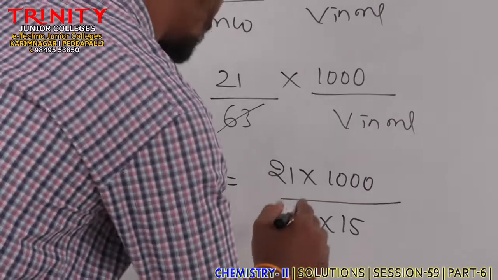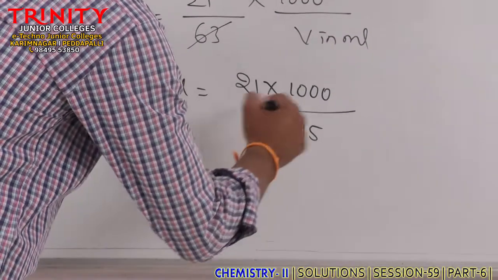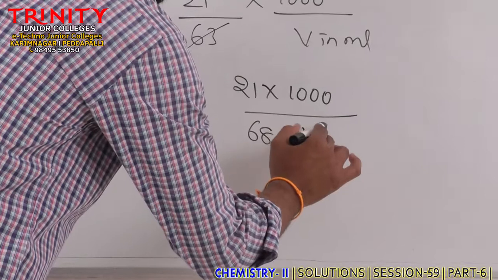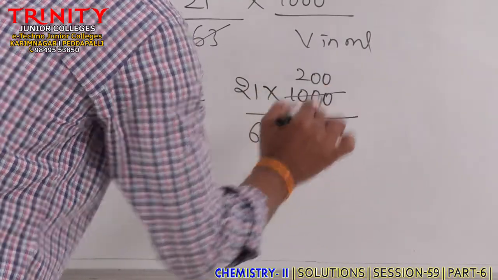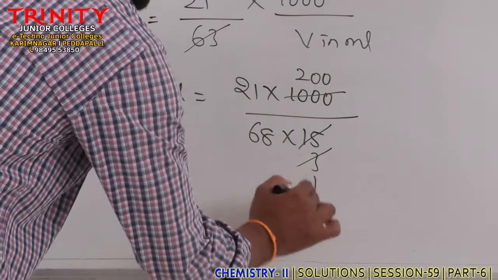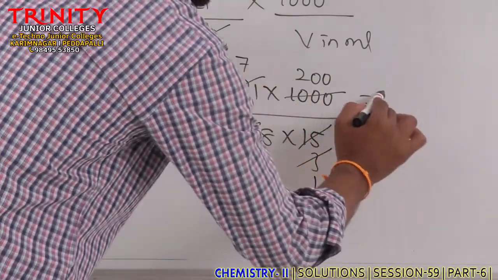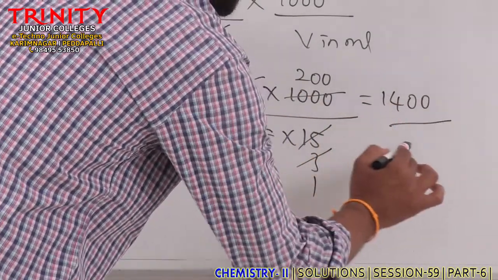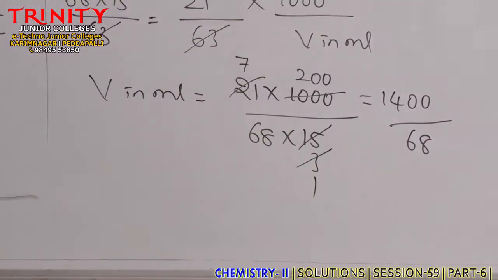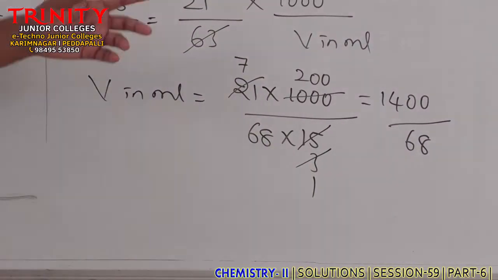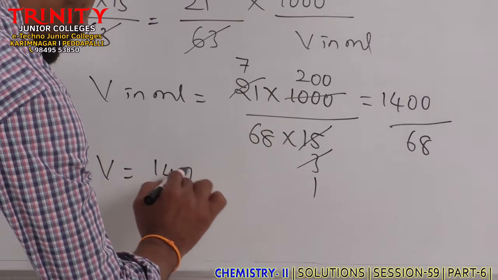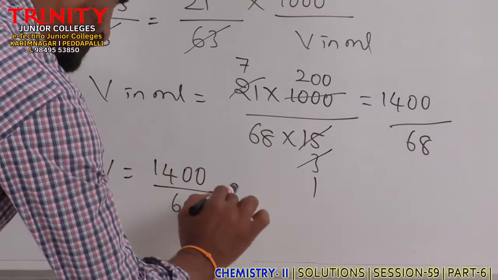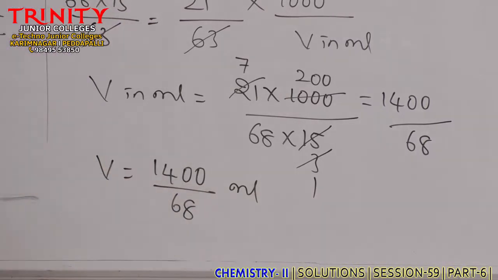By simplifying this, 5 3s are 15, 5 200s are 1000, 3 ones are 3, 3 sevens are 21, so 1400 by 68. So volume equals 1400 by 68 milliliters. You simplify this and you'll get the answer.